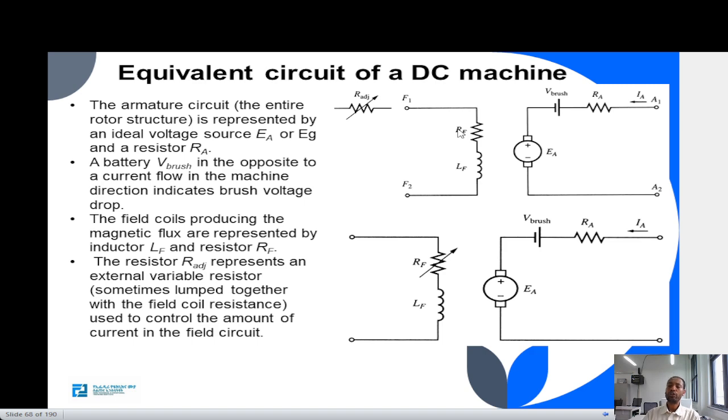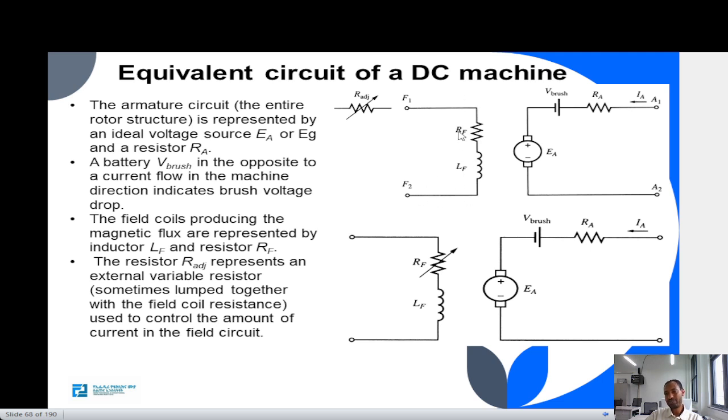And in order to control the IF current, or the field current, we usually introduce an adjustable resistor. The RF adjuster represents an external variable resistor to control the flux inside the machine.